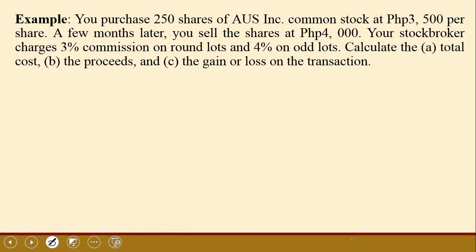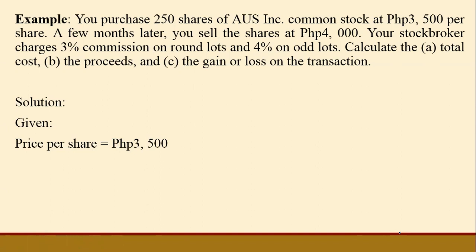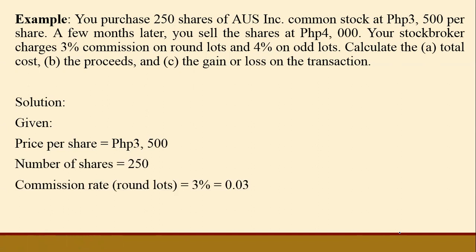Calculate A, the total cost, B, the proceeds, and C, the gain or loss on the transaction. So let us identify the given: price per share 3,500, number of shares 250, commission rate on round lots 3%, and for odd lots 4%.